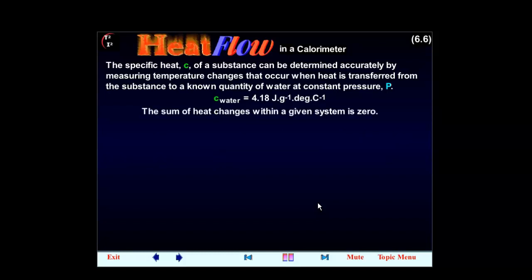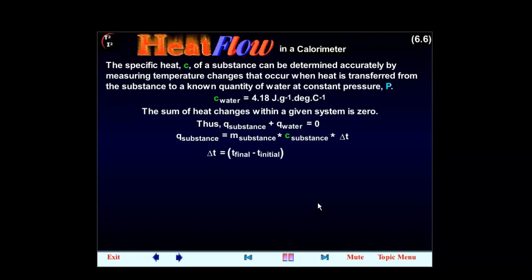The sum of heat changes within a given system is 0. Thus, Q substance plus Q water equals 0. Q substance equals mass substance times C substance times delta T. Delta T equals T final minus T initial.